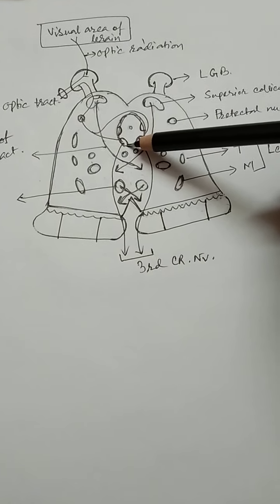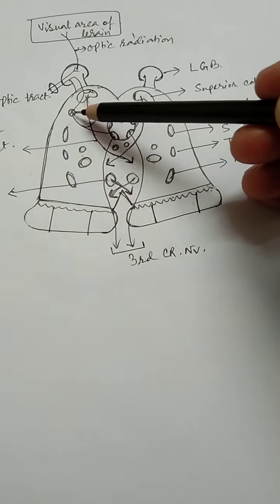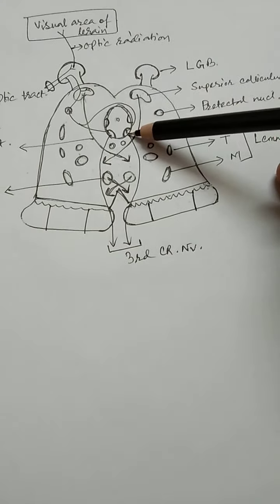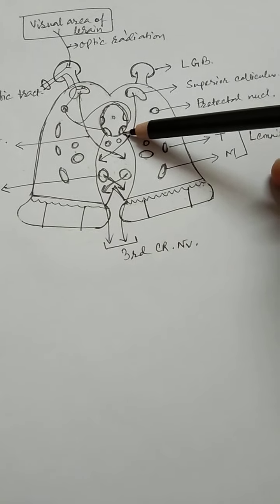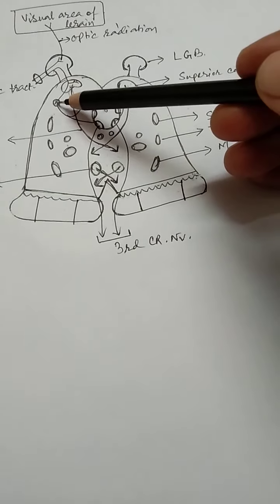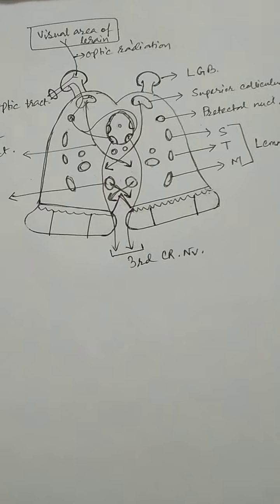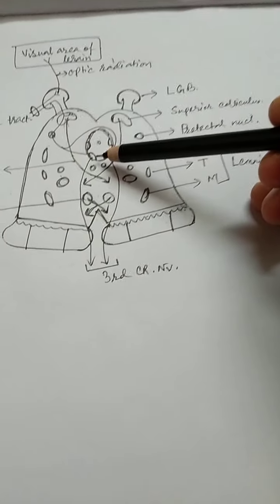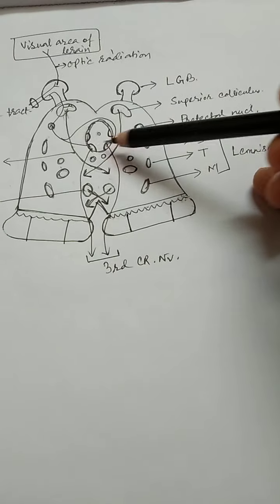The third cranial nerve nucleus is stimulated by the pretectal nuclear fibers of the same side as well as by the opposite side pretectal nucleus. So, when the pretectal nucleus of one side is stimulated, it can stimulate the third cranial nerve nuclei of both sides, right and left.